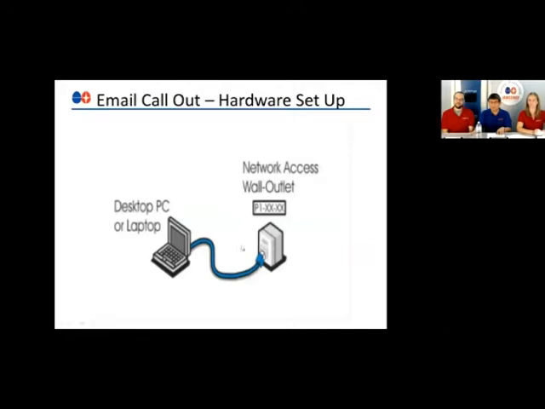So the illustration shows the Hatchcom PC connected to a network access wall outlet. Please note, this part of the installation, connecting to the network, may require the assistance of your network administrator to obtain the necessary authorization.